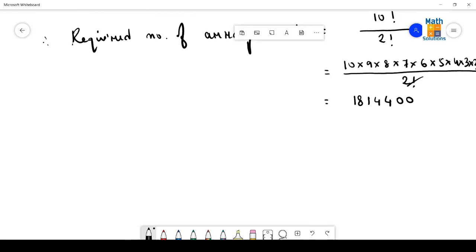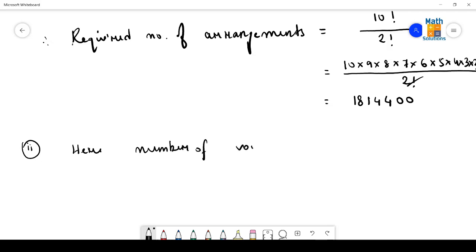Coming to the second question. This is the second question. What it says, vowels are all together. When the vowels are kept together, we already found that there are total of 5 vowels. Here number of vowels is equal to 5.